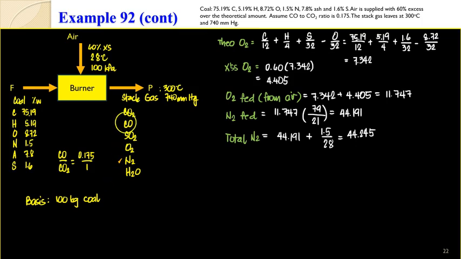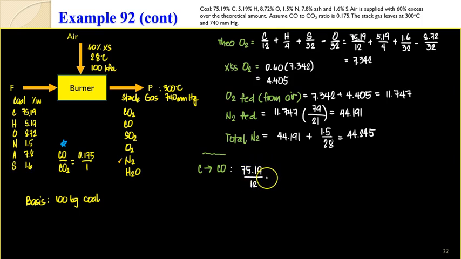Looking at this one, we already have the nitrogen. So let's try solving for the carbon dioxide, carbon monoxide, and then the rest. Do take note of this relationship. For every 0.175 CO, there's 1 CO2. So C going to CO is 75.19 kilograms of carbon divided by 12.